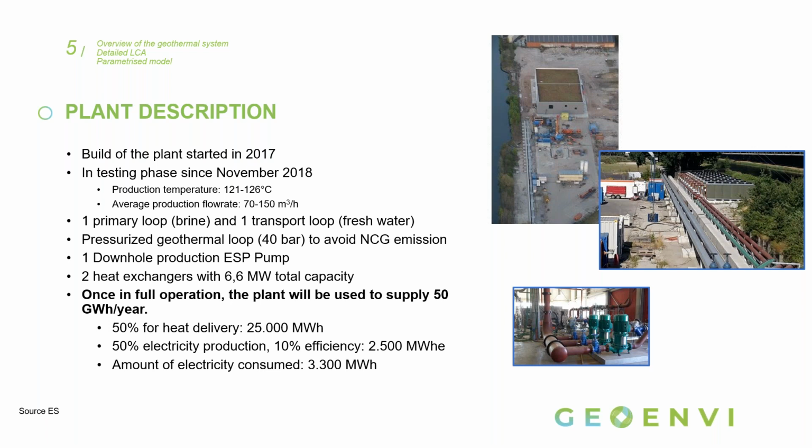At that stage, the plant will be used to supply about 50 gigawatt hour per year, 50% for heat delivery, 50% for electricity production with 10% efficiency. And the amount of electricity that will be consumed will be about 3,300 megawatt hour.